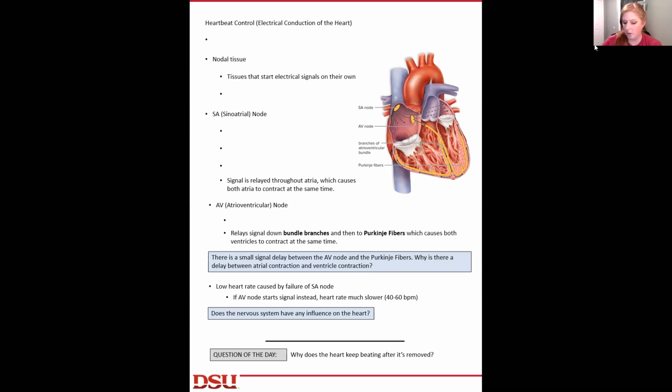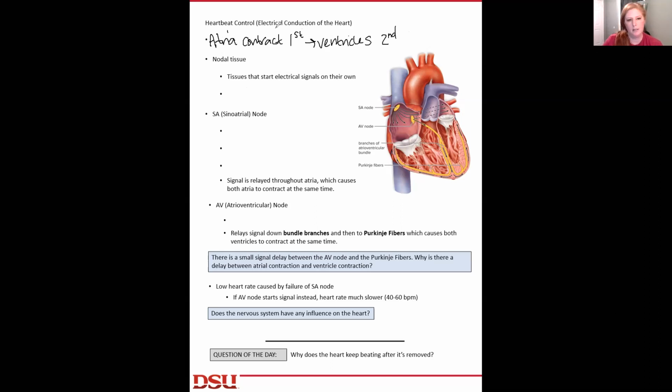Heartbeat control. So we're going to start. We know this is kind of a review. The atria contract first, and then the ventricles go next.